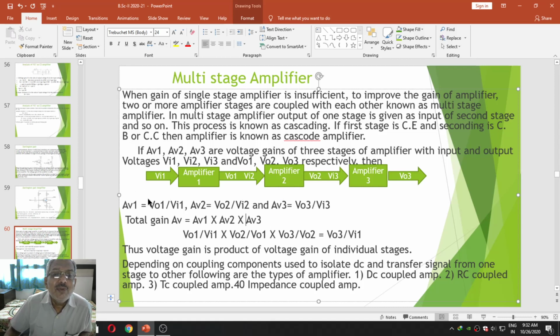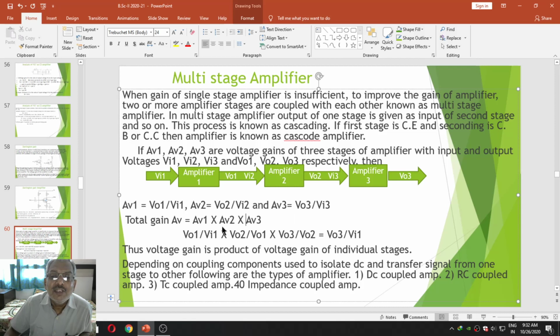But AV1 is VO1 upon Vi1, AV2 is equal to VO2 upon Vi2, but Vi2 is equal to VO1. We have replaced it. AV3 is equal to VO3 upon Vi3, but Vi3 equal to VO2, we have replaced it. Friends, this VO1 will cancel with this VO1, this VO2 will cancel with this VO2, and only two terms will be remaining.